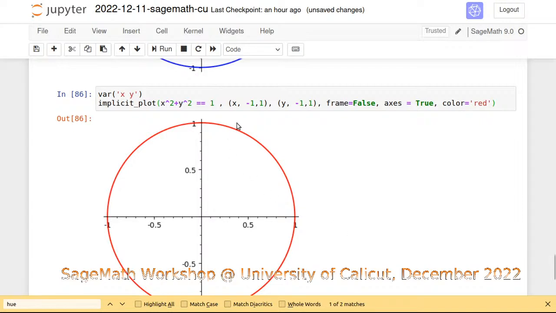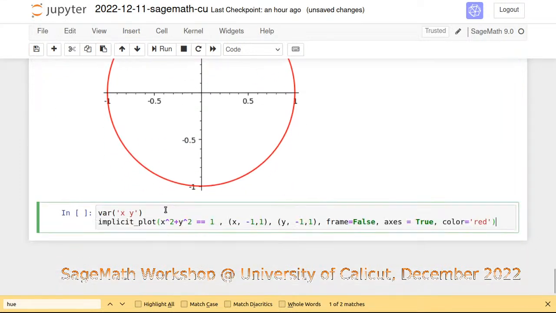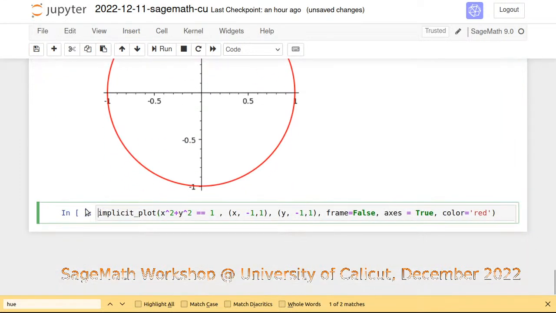So now we can define any type of plots here. Now I have already defined this y, so I don't have to define y again. So y square equal to 4x, the parabola. You need to be using double equal to.